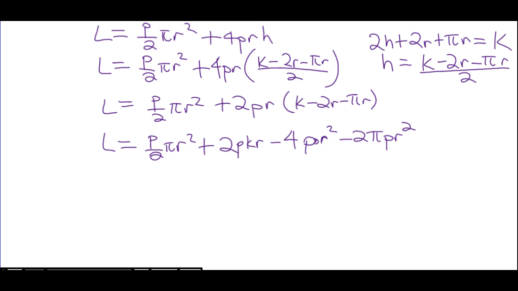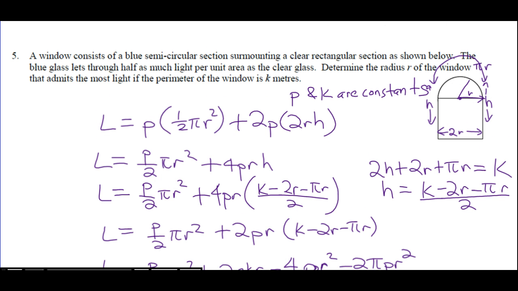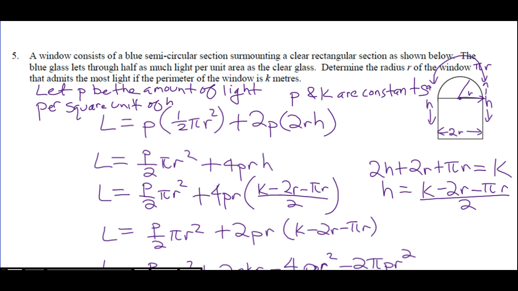Okay. Oh, I never told you what P was, right? I suppose I should say this stuff. Didn't say up here. So let P be the amount of light per square unit of the blue glass.